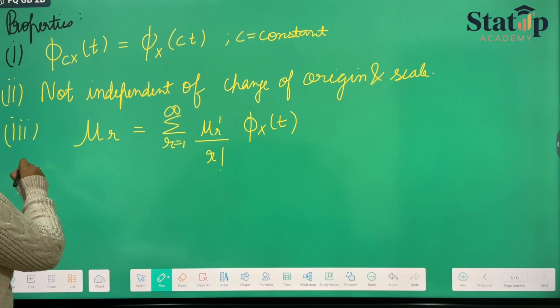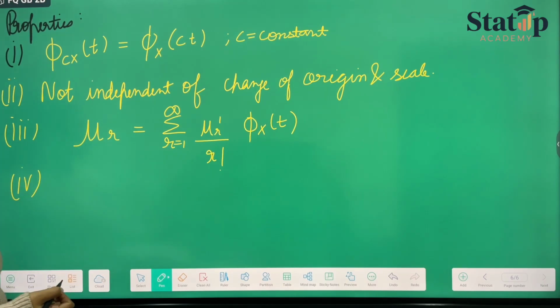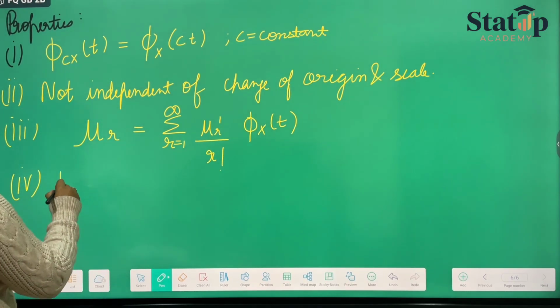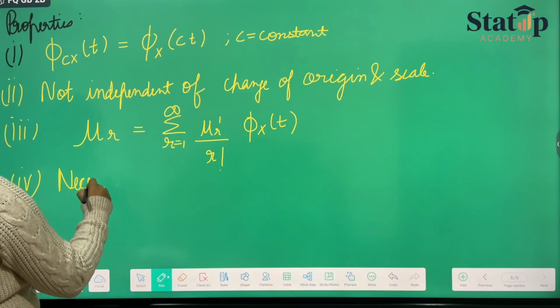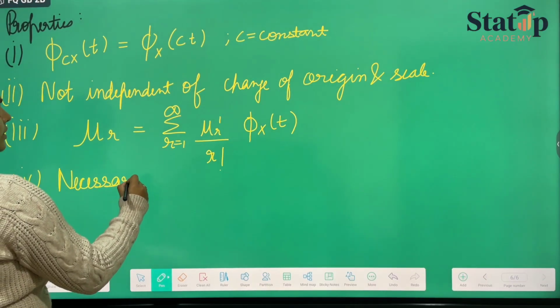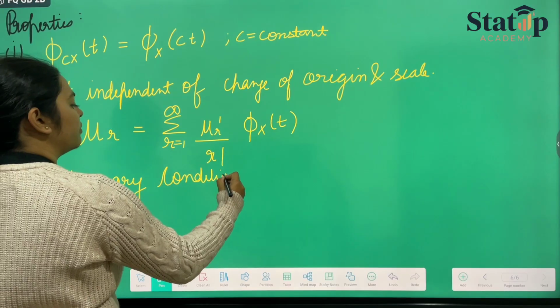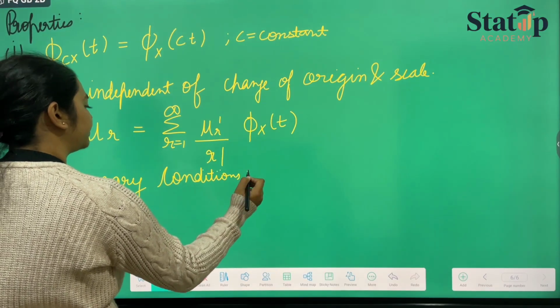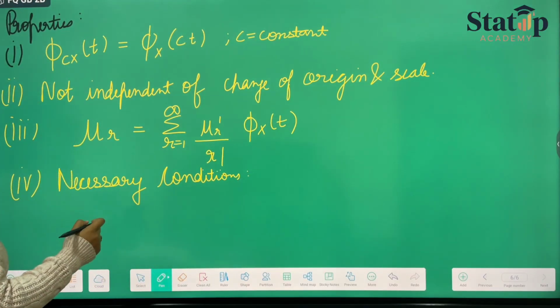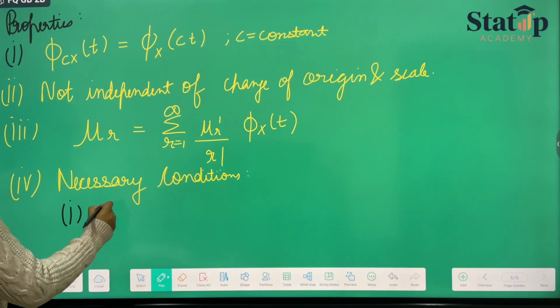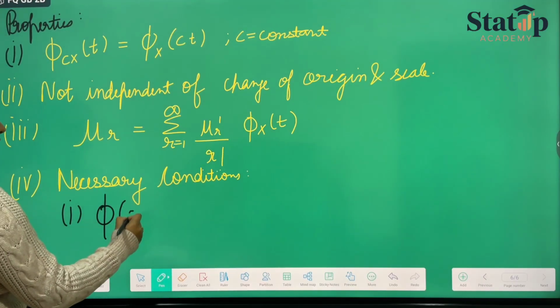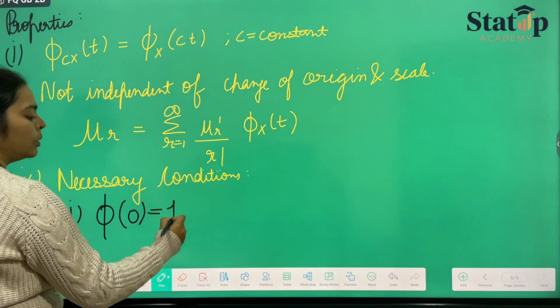Now there are some necessary conditions for a function to be a characteristic function. The necessary conditions are three. The first condition is that characteristic function at t equals 0 should always be equal to 1.